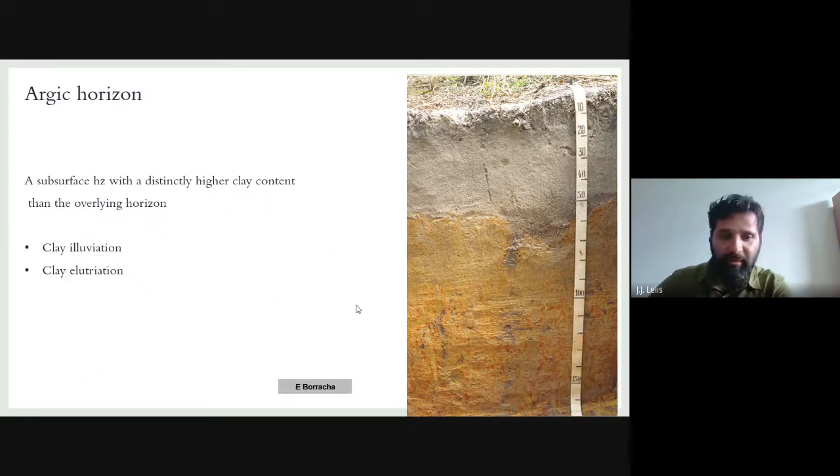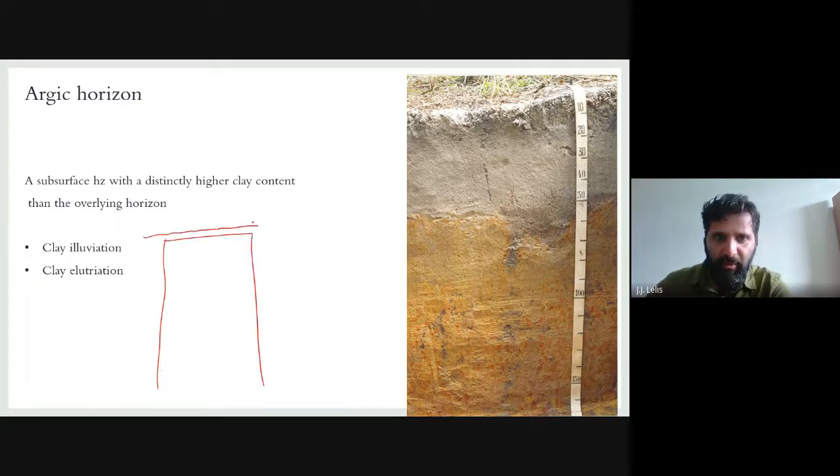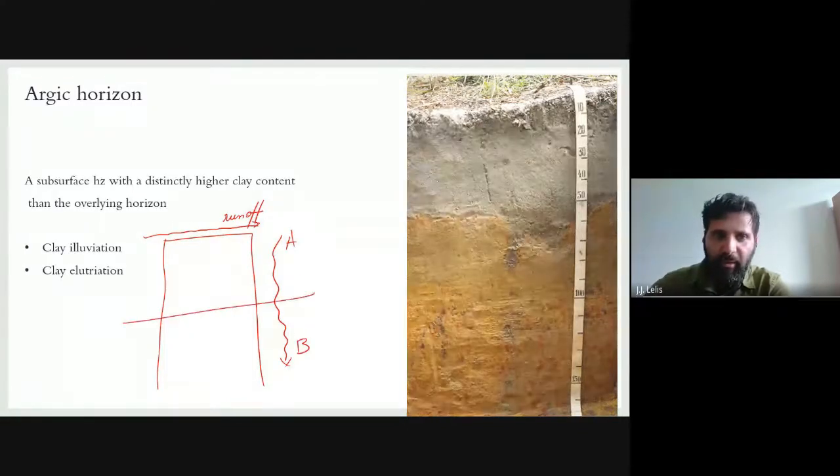So in this case, we have an A horizon that only loses clay by the effect of the runoff. Water is not migrating and bringing clay from the A to the B horizon. The clay is just leaving by the runoff, okay?